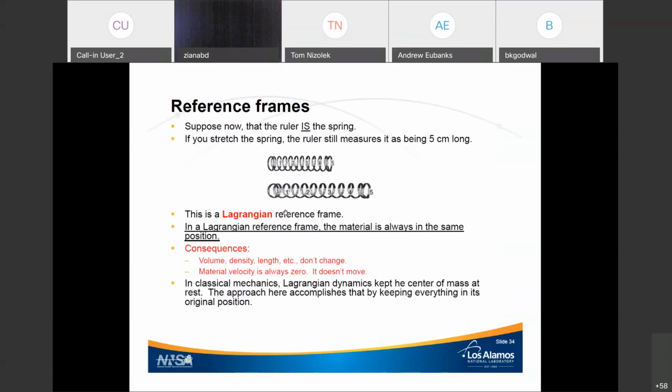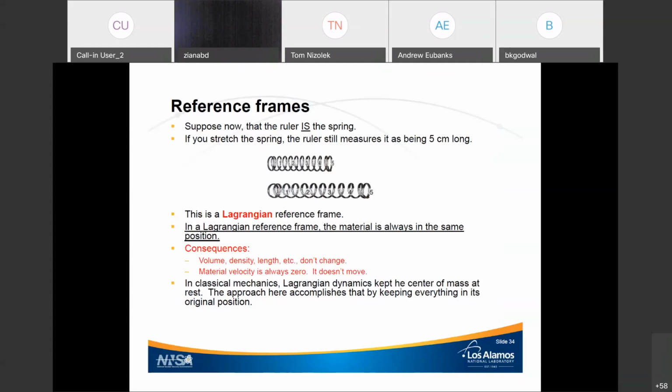In a Lagrangian reference frame, the material is always in the same position, which means the material is always at rest. It does not move in the Lagrangian reference frame. Volume, density, length don't change. They are always the same in a Lagrangian reference frame.